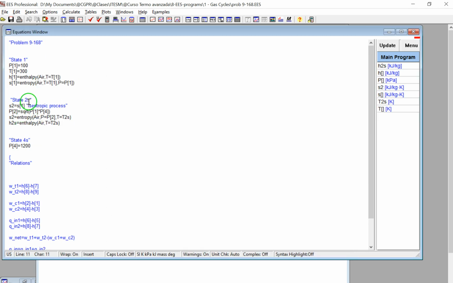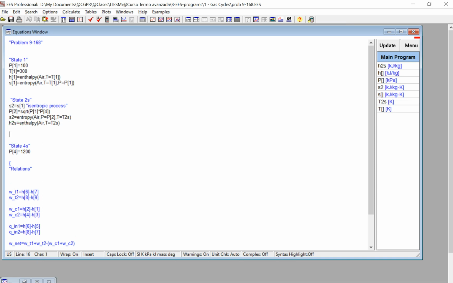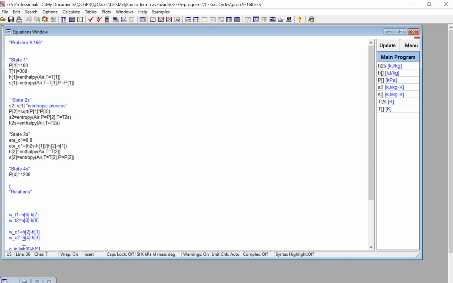So we already have state 2s, and we need to define state 2 actual, and we do that with the isentropic efficiency of the compressor. This way, I define the isentropic efficiency of the compressor to be 0.8, find the equation, and then how do I compute H2 and S2?